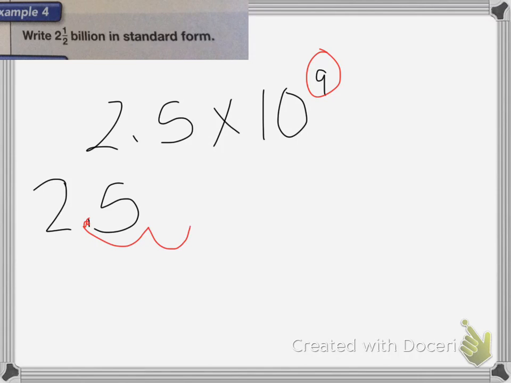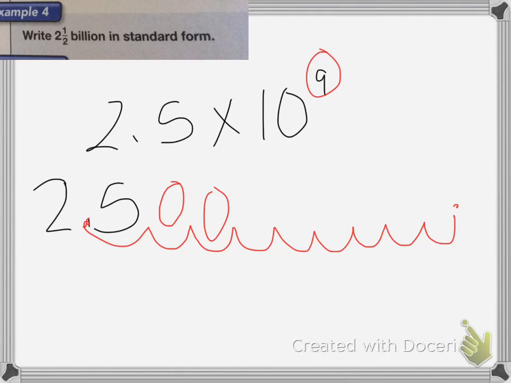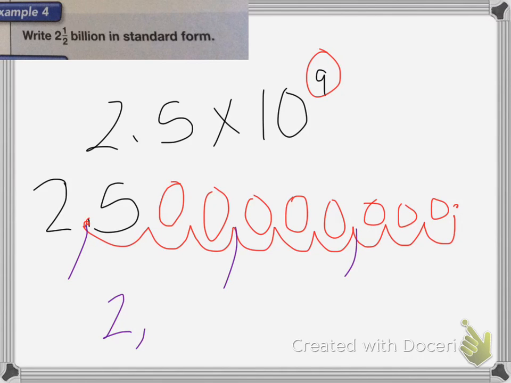So 1, 2, 3, 4, 5, 6, 7, 8, 9. In all these places, we're going to add zeros. Okay, now to find my commas, comma goes there, and there, and there. So my answer is 2,500,000,000.